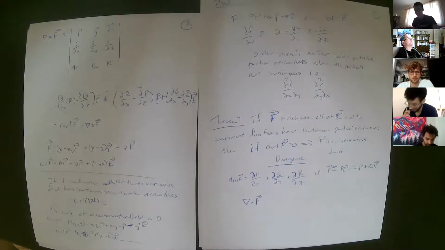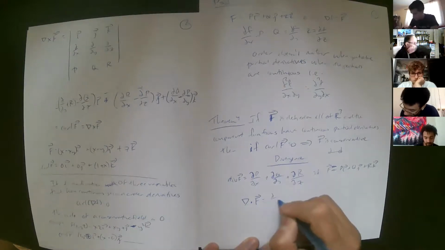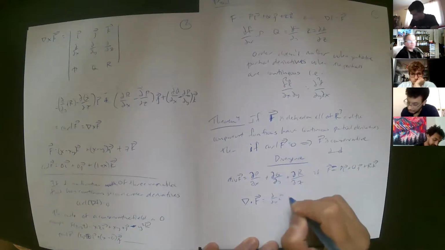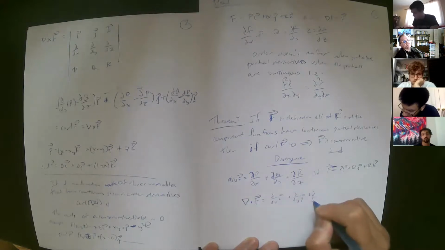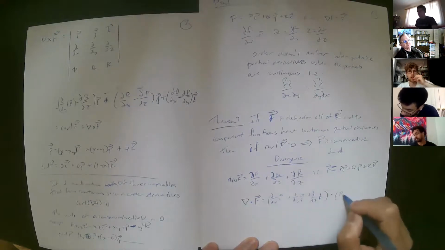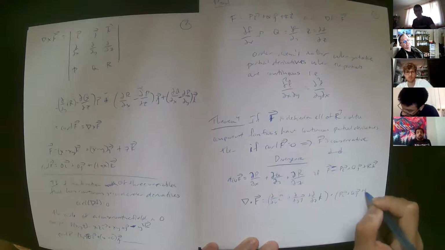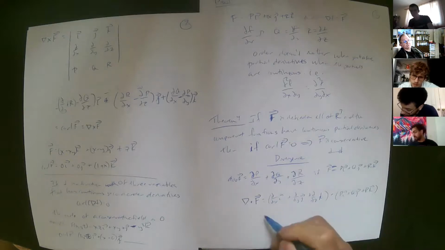Right? So what does that mean? Well, the dot product of gradient and f is d/dx i plus d/dy j plus d/dz k dotted with pi plus qj plus rk. And how do I compute this dot product? This thing times this thing.